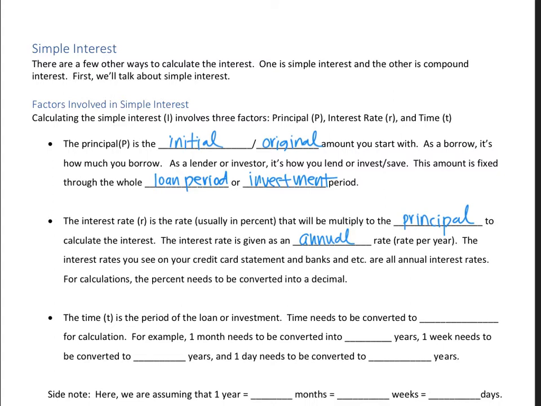The interest rate you see on the credit card statement or bank and all this stuff is an annual interest rate. They'll say a 20% interest rate. What does that mean? It's the 20% annual interest rate. It means per year is 20%. For calculation, remember that percent needs to be converted into decimal. So we'll do some exercises later.